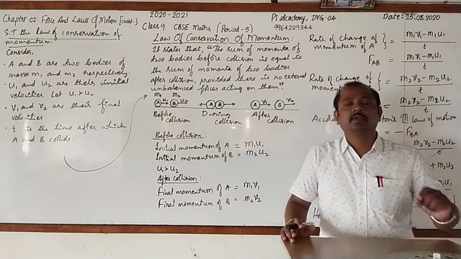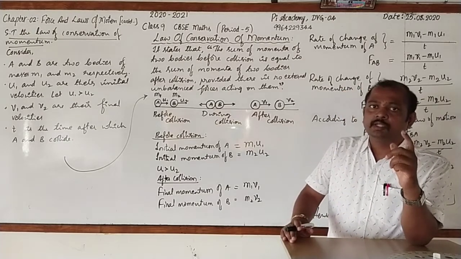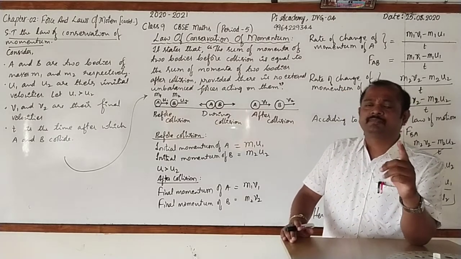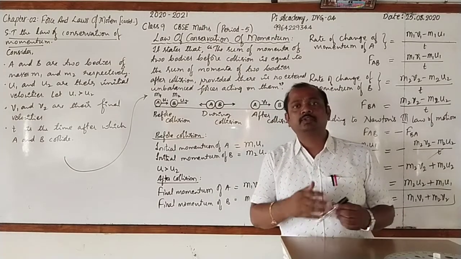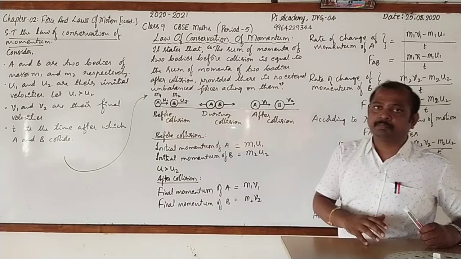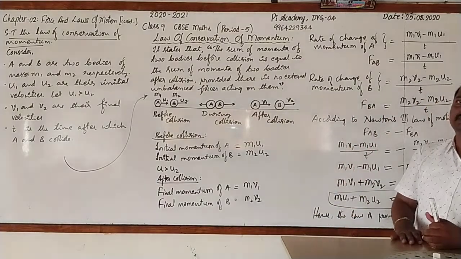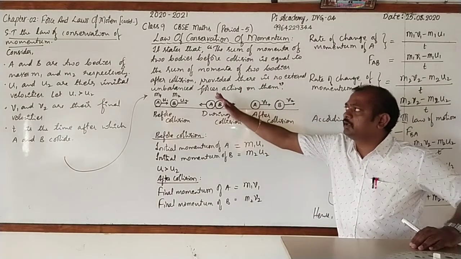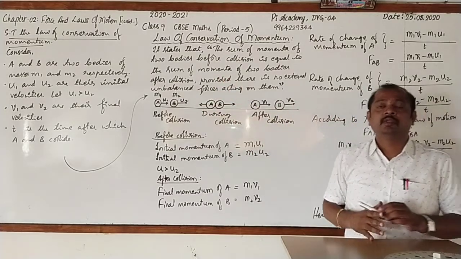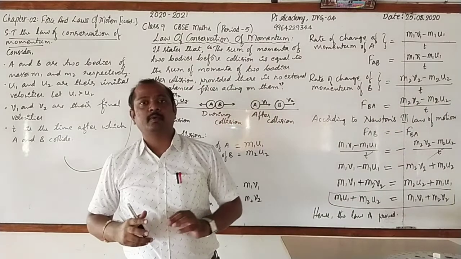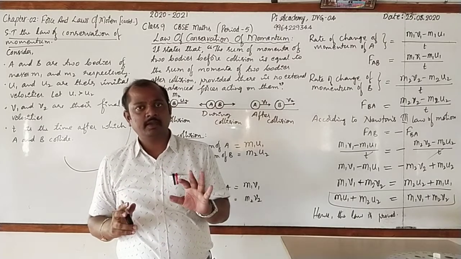Dear students, you have to remember an important point: as per our observation, when we go through previous year question papers, in most of the question papers, either derivation will be there regarding law of conservation of momentum, or numerical problems will be there. Clear?